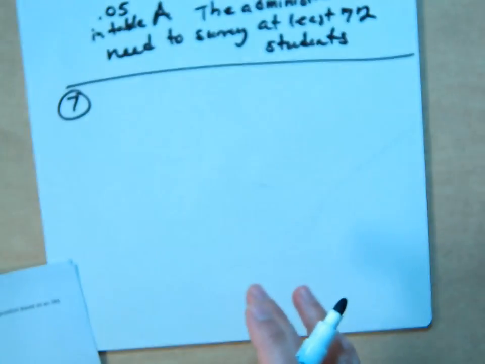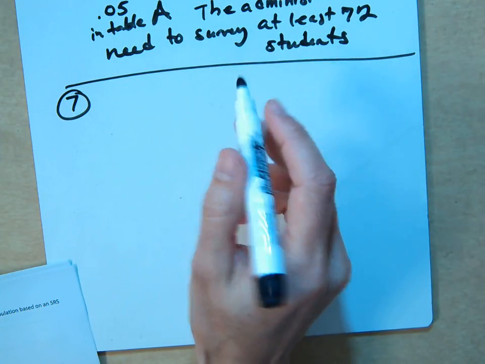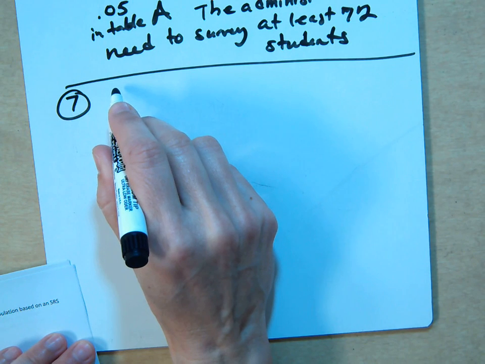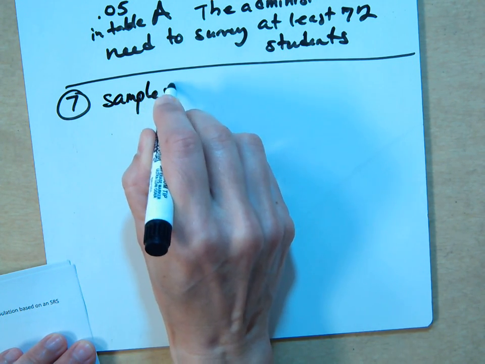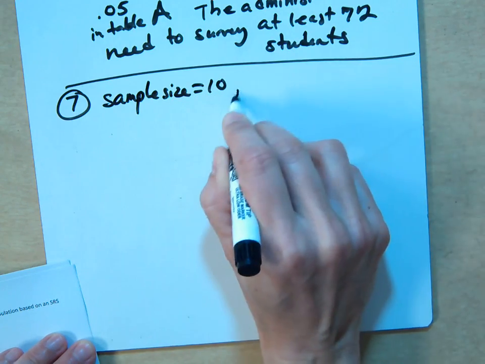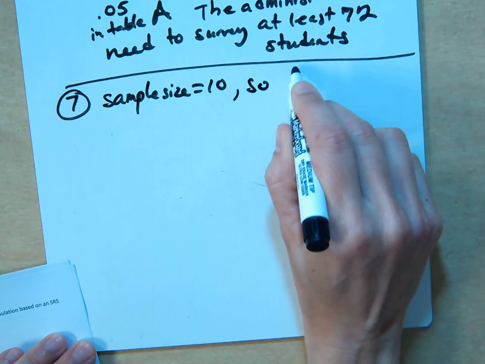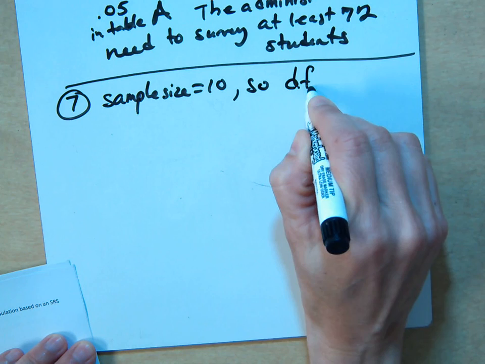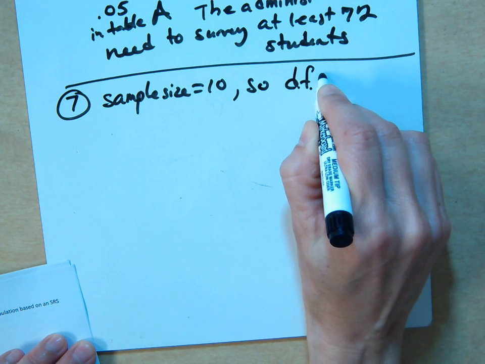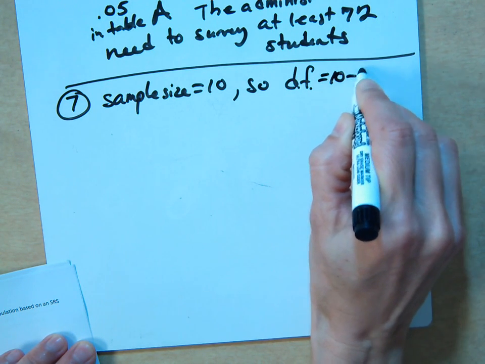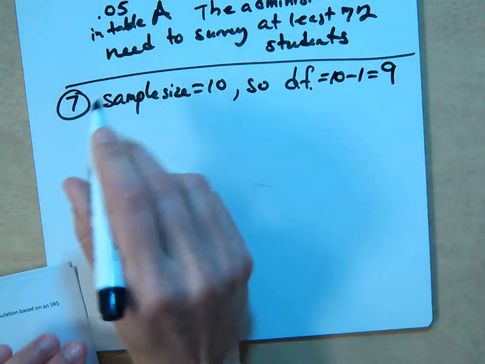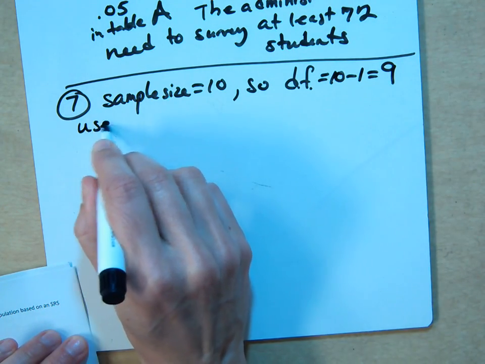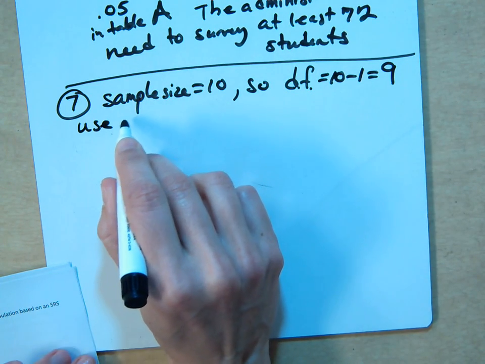Okay, so the degrees of freedom, since the sample size equals 10. So the degrees of freedom, I'll abbreviate DF, equals 10 minus 1 equals 9. And then we want to use, what's the tail probability?